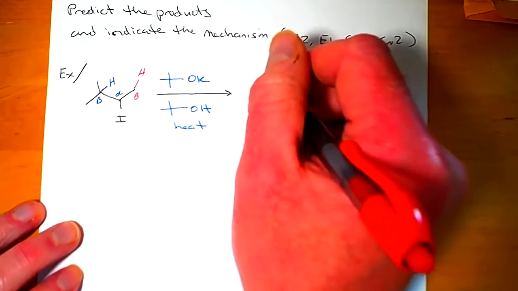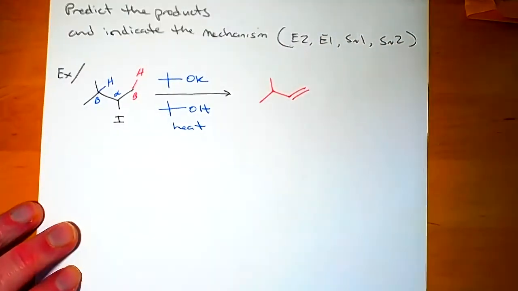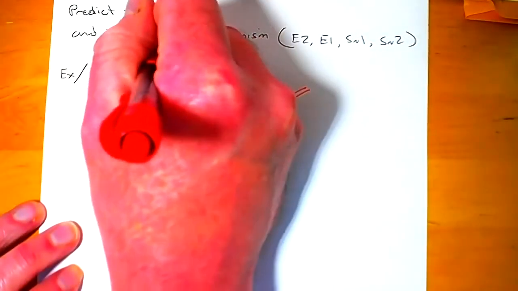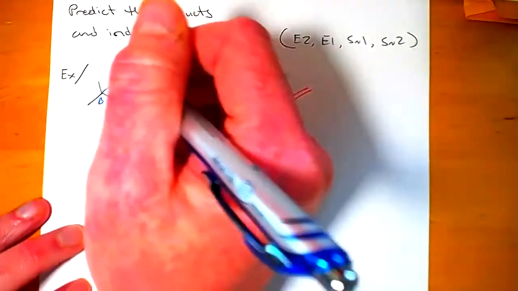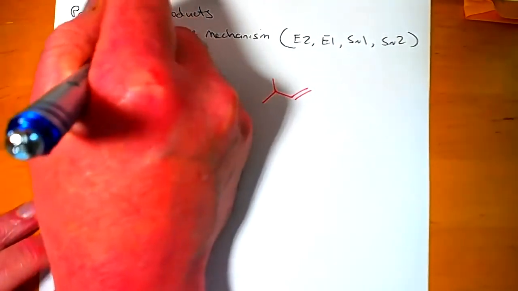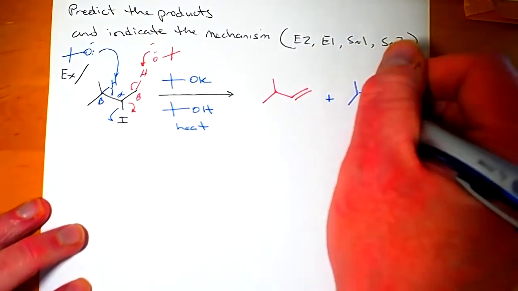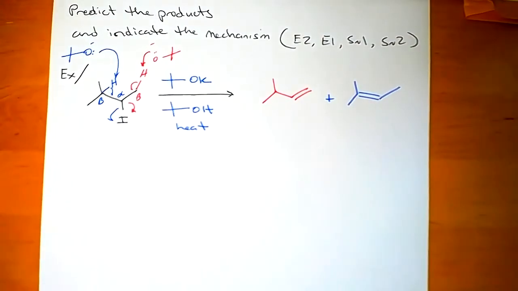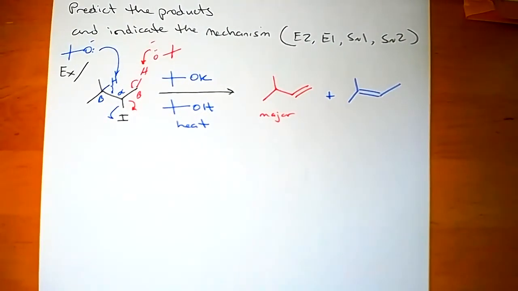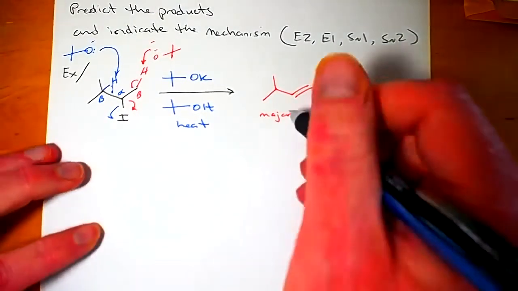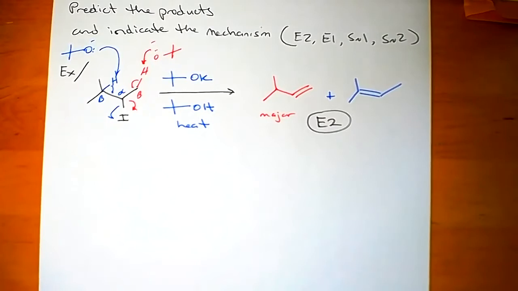So you would expect to see some elimination of that red hydrogen to give you this product, so the tert-butoxide eliminating here, versus, say, this hydrogen over here. You would expect this one to be the major product, the Hoffman product, because of the sterics in the system, and that this is going via an E2 mechanism for both products. Okay.